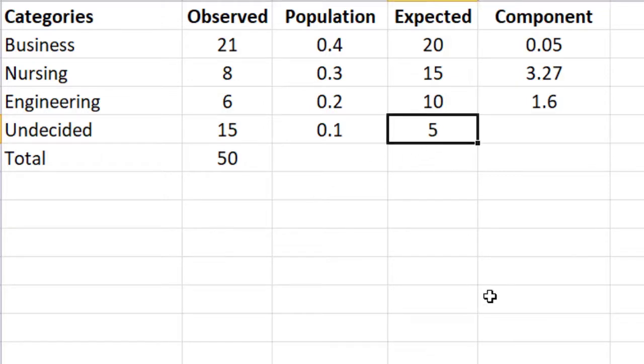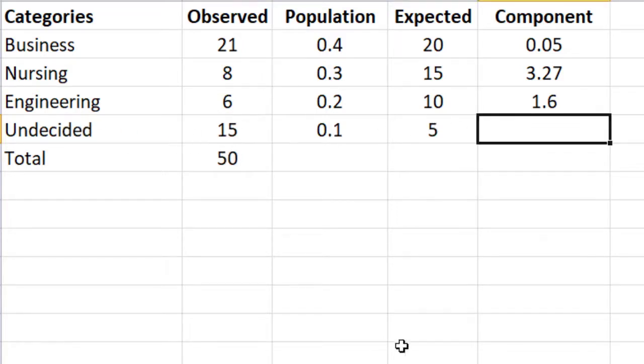Again, I expect that it should have been only 5 students being undecided with a major if this population proportion was true. But we found 15 of them actually in the sample to be undecided. And so let's look at how the calculation for component value will come out.